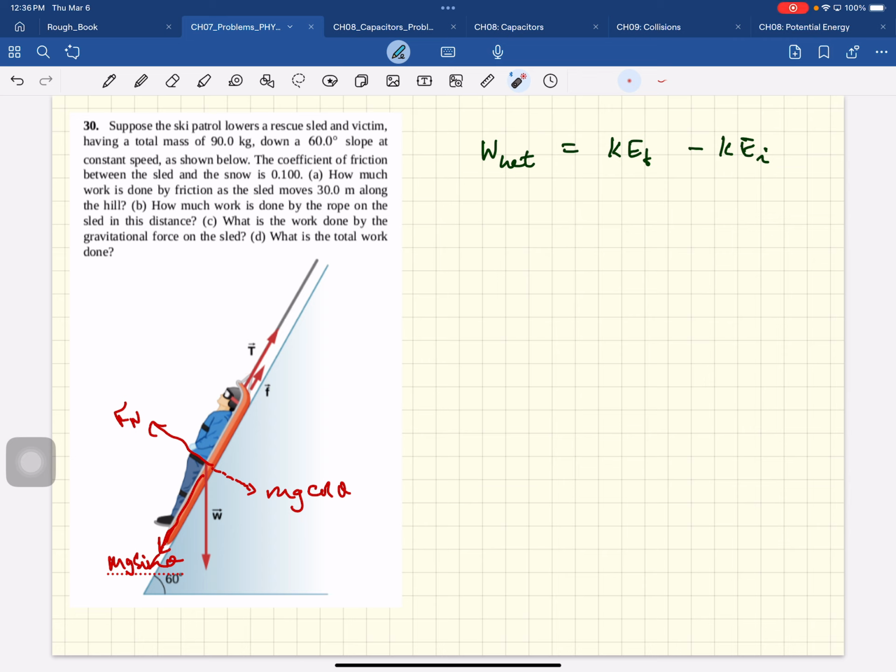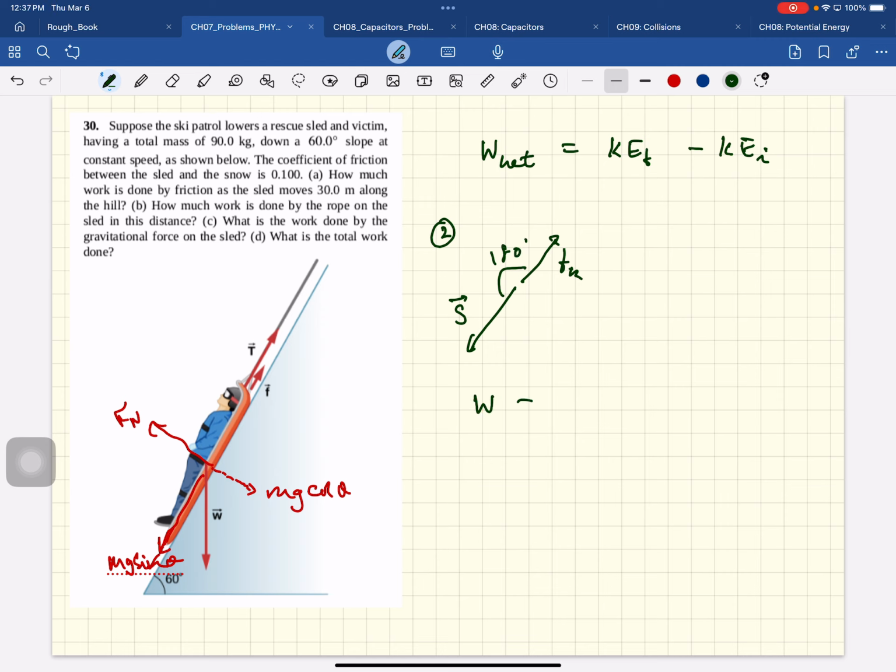So how much work is done by the friction force as the sled moves down 30 meters? The friction force is acting in this direction. It's a kinetic friction force. There's the displacement, and the angle between them is 180 degrees.